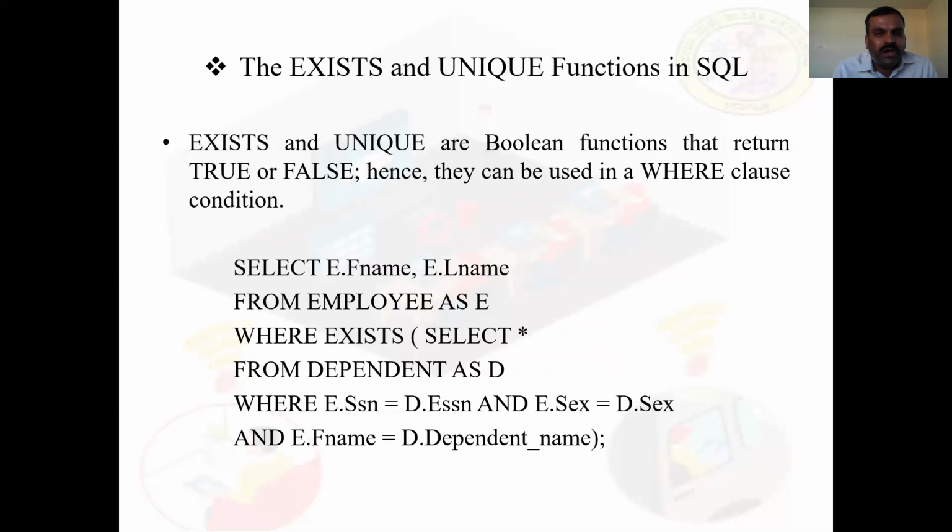Not exists of Q returns true if there are no tuples in the result of nested query Q, and it returns false otherwise.